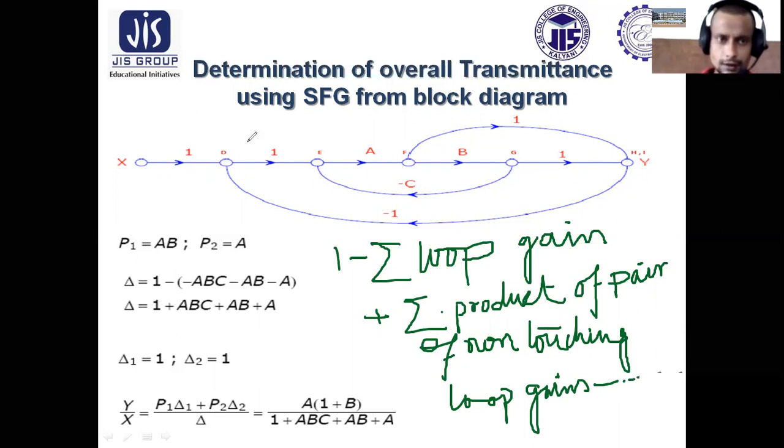So del is 1 minus the sum of individual loop gains. While finding del, I told you, if you remember, first try to identify which are the loops, how many loops are there.